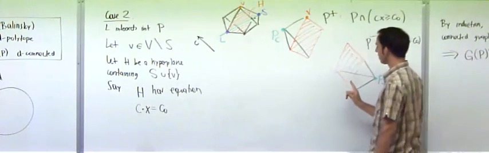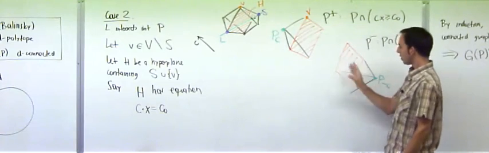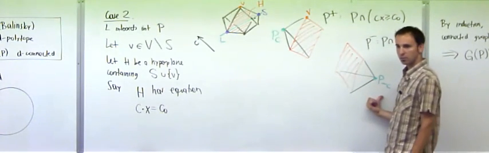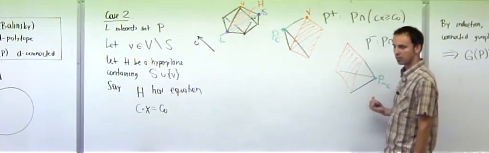And if I do the same thing here, I'll see that all the polytope is connected to P sub minus C, and P sub minus C is connected.